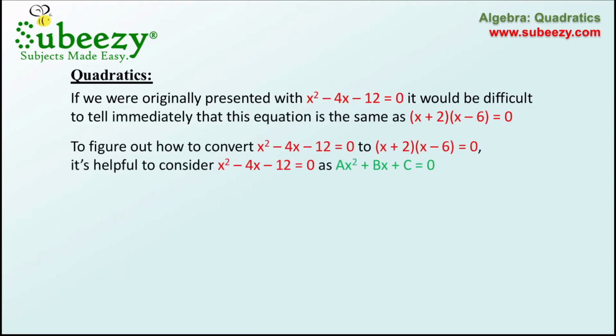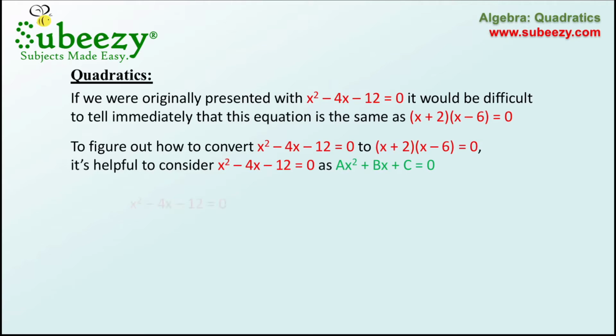To figure out how to convert x squared minus 4x minus 12 is equal to 0 to the quantity x plus 2 times the quantity x minus 6 is equal to 0, it is helpful to consider it as ax squared plus bx plus c is equal to 0, where a, b, and c are the coefficients.